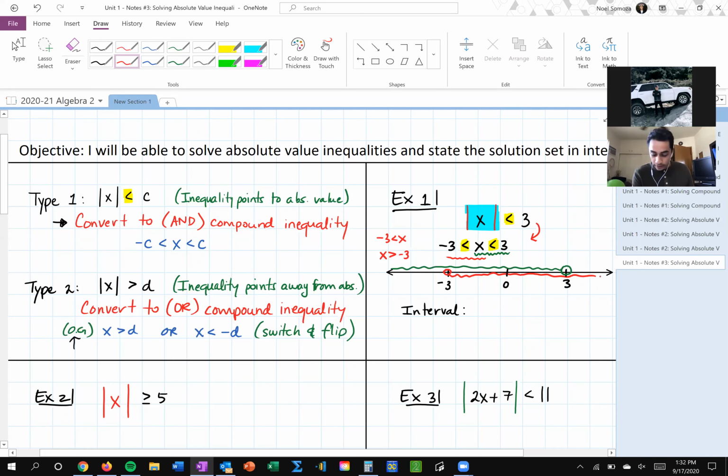Right? So where is the solution set happening? Remember, it's an AND problem, so it's the intersection. So we're looking at this part right here, right? So the overlap area, the intersection area, happens between negative 3 and 3. So then our interval will just be from negative 3 to 3. Open circles at both of them. So then it's parentheses around negative 3 and 3.